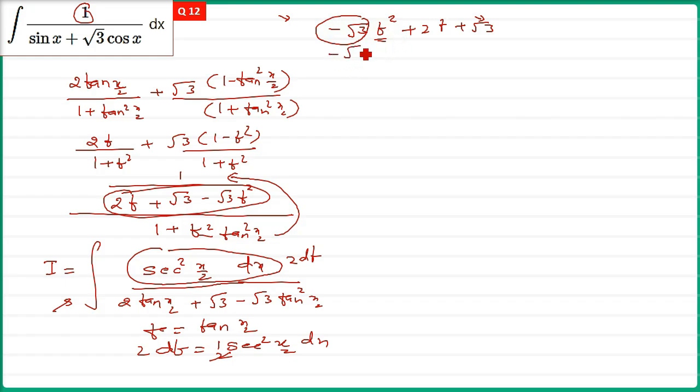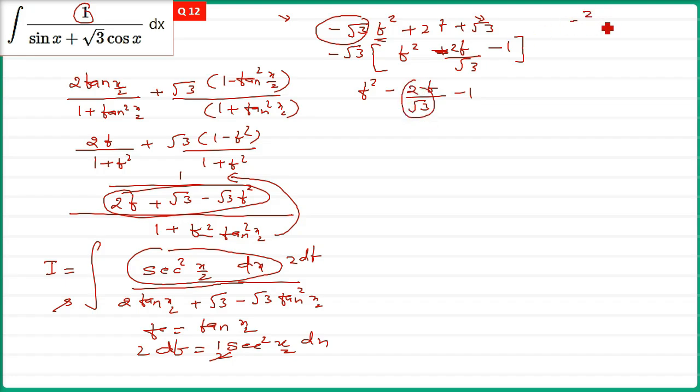Root 3 is there, so we'll take this negative root 3 outside. If you don't understand how we take it outside and what happens inside, just divide everything by minus root 3. Negative root 3 t square by negative root 3 is t square. And 2t divided by negative root 3 will be minus 2t by root 3, and root 3 by negative root 3 will be negative 1. So t square minus 2t by root 3 minus 1.